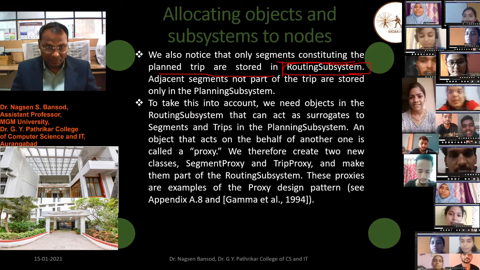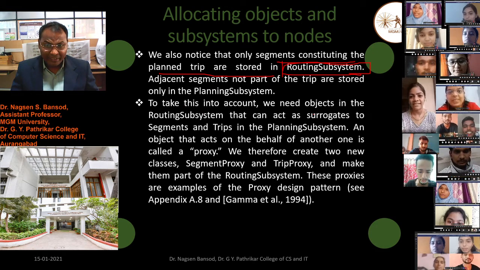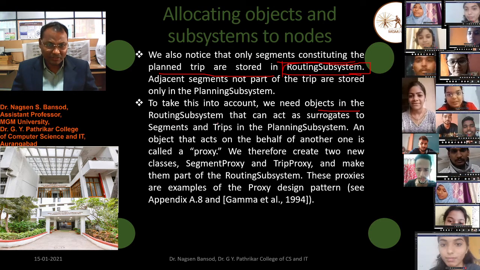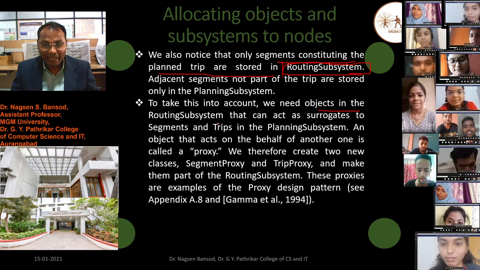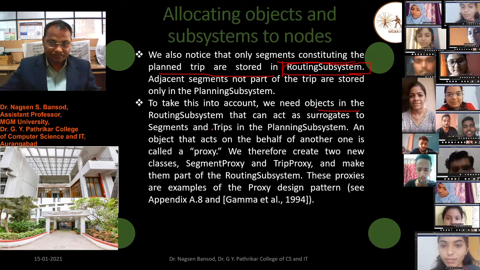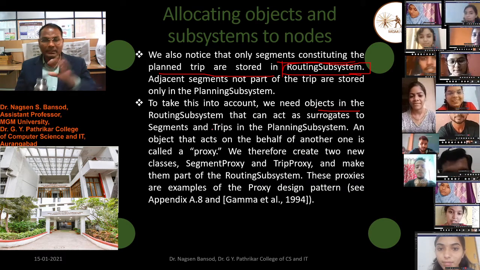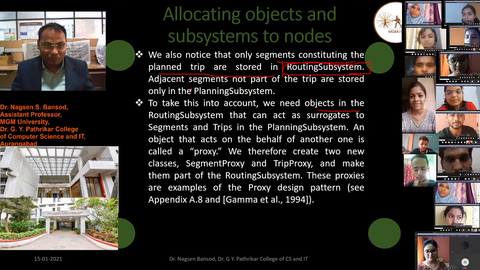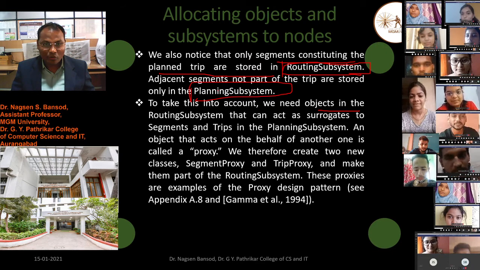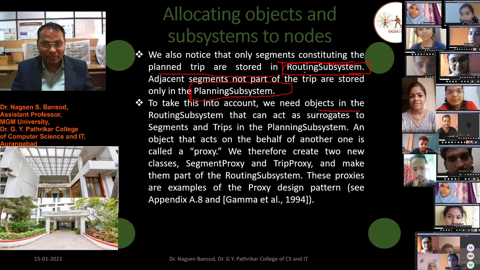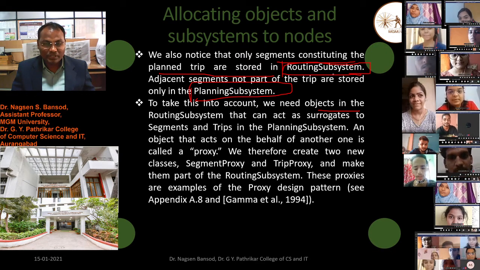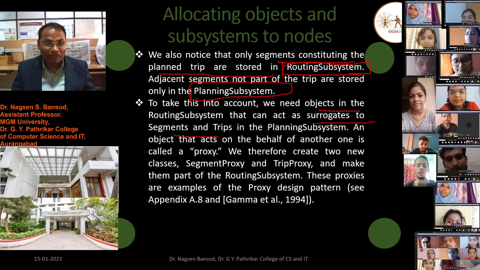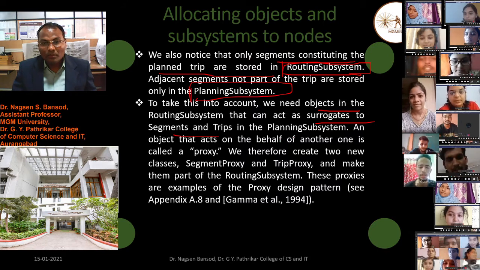Therefore, we need an object in this routine subsystem that can act as a surrogate and take the planning subsystem object, meaning a surrogate to the segment and trip in the planning subsystem.